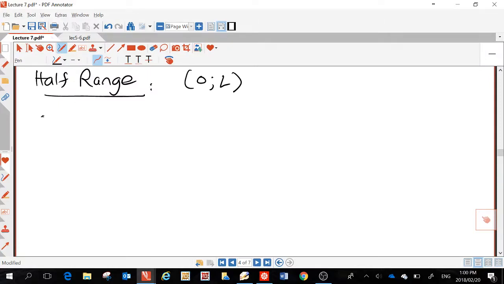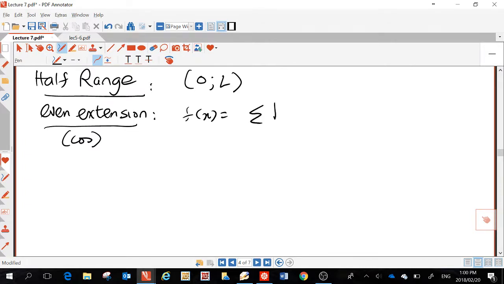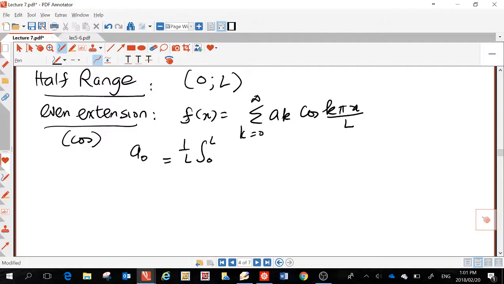So as usual, you have even extension. You may choose even extension, in which case you'll get the cos series, and then your function will be sum of ak cos k pi x over L, k equals 0 to infinity, where a naught will be 1 over L, integral from 0 to L, f dx, and the ak will be 2 over L, integral 0 to L, f cos k pi x over L. You know how this 2 arises?